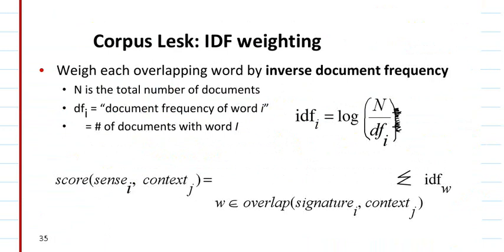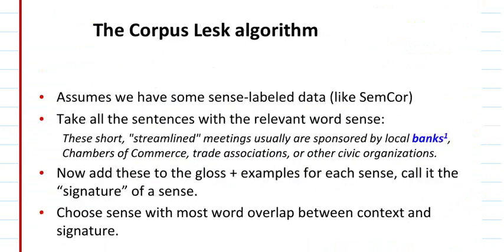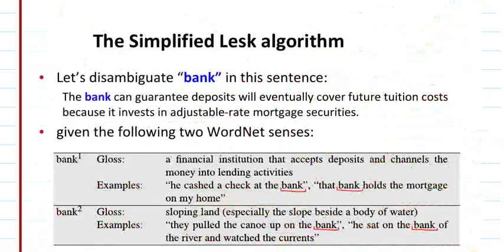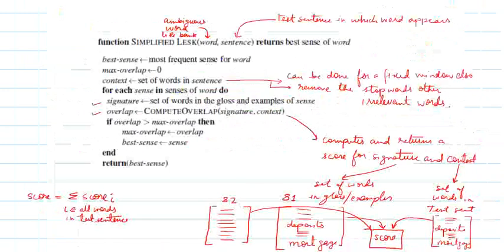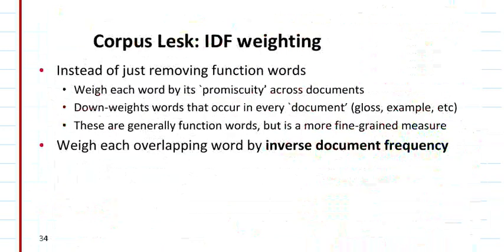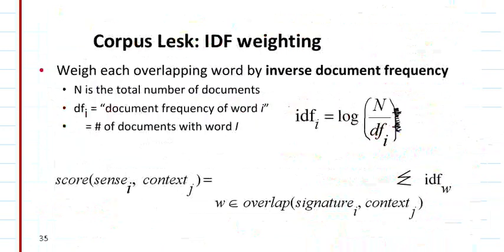So that's the purpose of using IDF weighting. So in this way we see that we have two types of algorithms. One is the simplified LESK, and one is the improved version of simplified LESK by applying the IDF weighting.